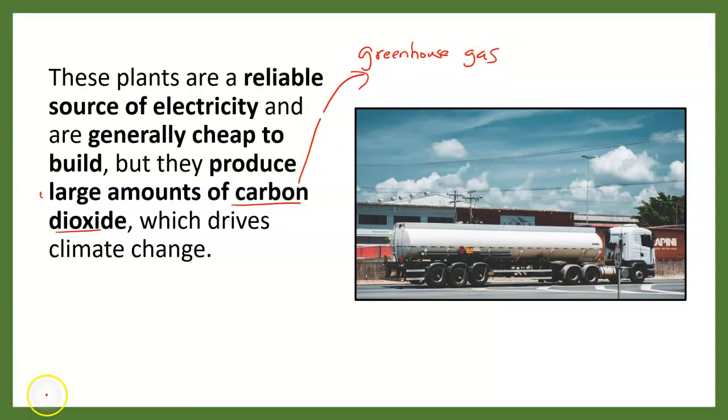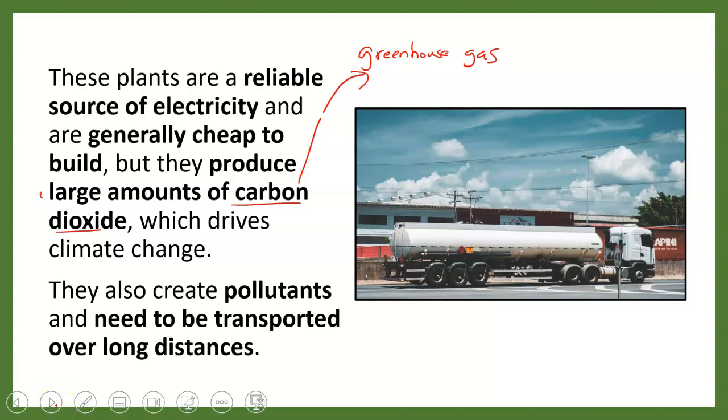They also create pollutants and they need to be transported over long distances. So a lot of the oil that we produce in this country comes specifically from the Gulf of Mexico, and we will have to transport that oil via pipelines all over the United States.